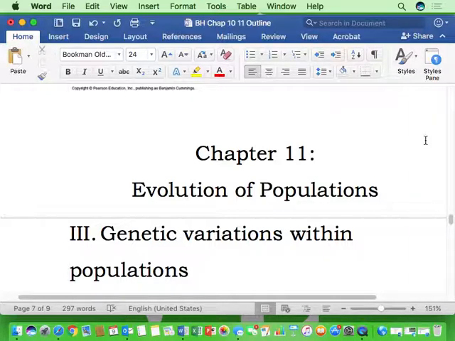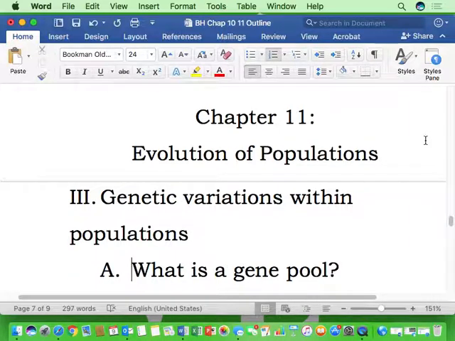Now, I used the term earlier in the week, gene pool, and so we're going to be talking about variations in populations in their gene pool. So we need to define that term.